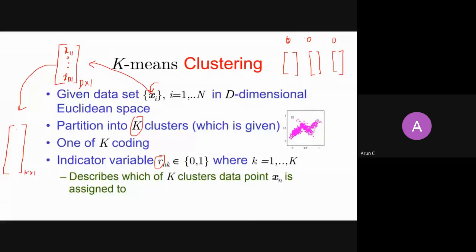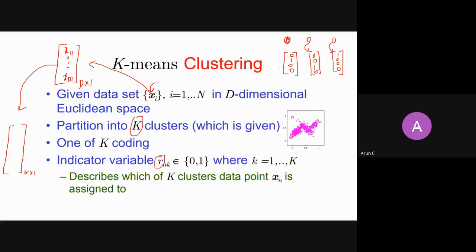If there are k clusters, I can say that my first point belongs to the second cluster, so I would say 0, 1, 0, 0. Let's say there are 4 clusters only. My second point, let's say, belongs to the third cluster, then I say 0, 0, 1, 0. And let's say my third point belongs to the first cluster, then I say 1, 0, 0, 0, right?